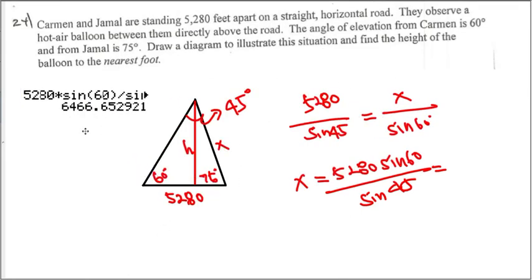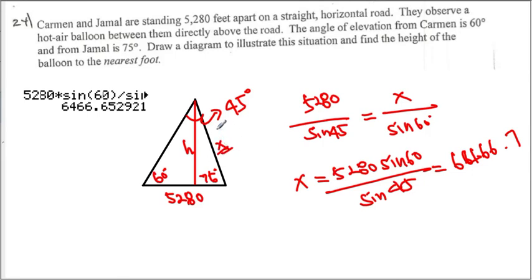So x seems to be this value, 6466.7. Now that's what x is equal to.